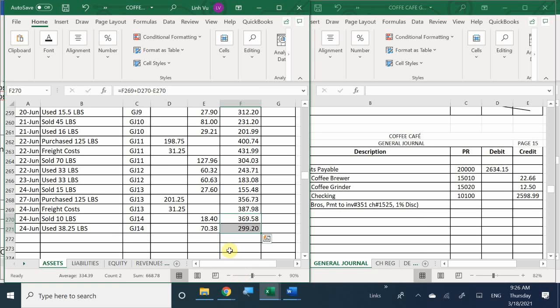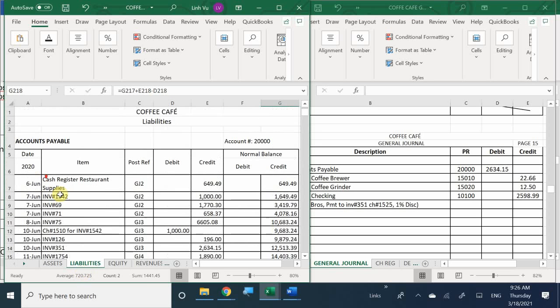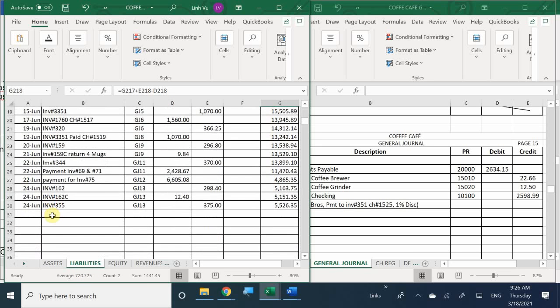So here we have accounts payable. We're going to reduce it. So accounts payable, for invoice number 351, payment.